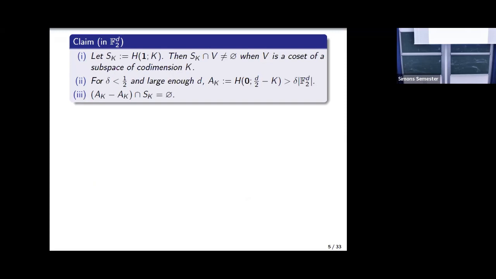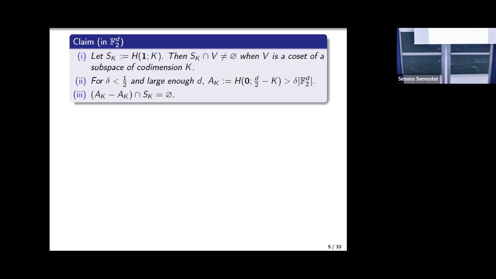And I claim that in F2 to the D, (1) the Hamming ball of radius K around 1 intersects every coset of every subspace of codimension K. And (2) when delta is less than 1/2 and D is large enough, the Hamming ball of radius K around 0 has density close to 1/2.